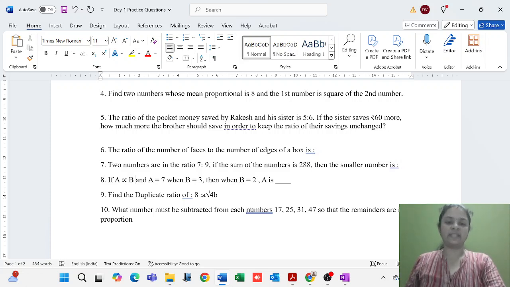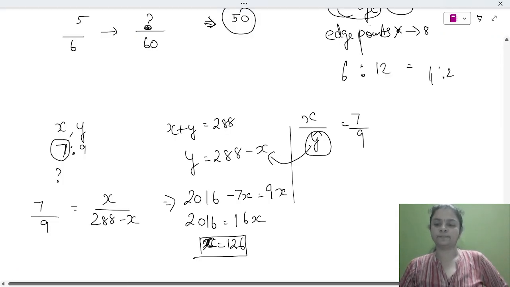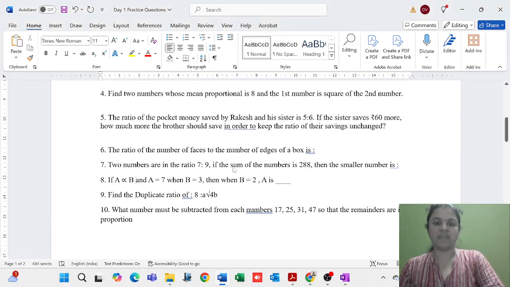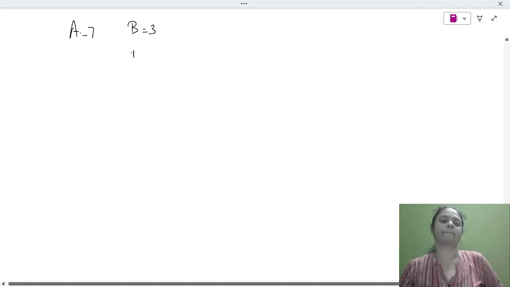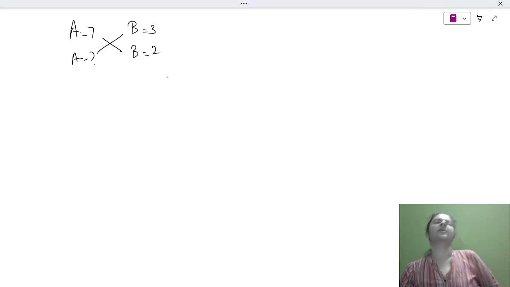So when A is 7, B is equal to 3. So let's write A equals 7, B equals 3. Now they are asking what is A if B equals 2? Now since it is a direct variation, we are going to cross multiply.